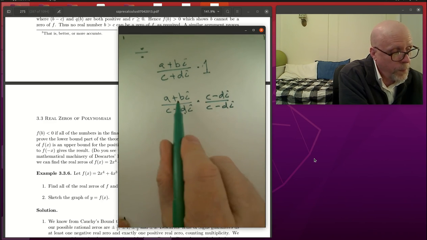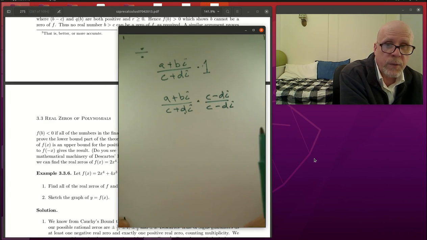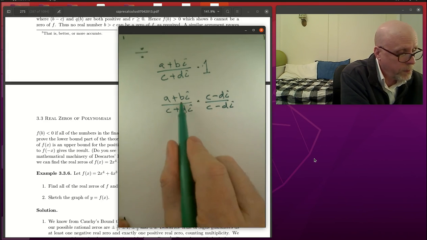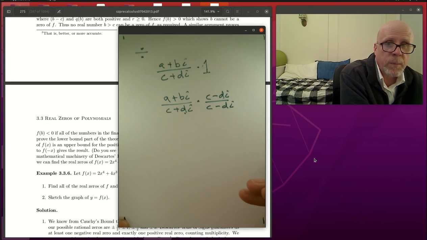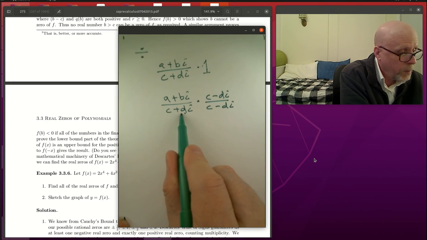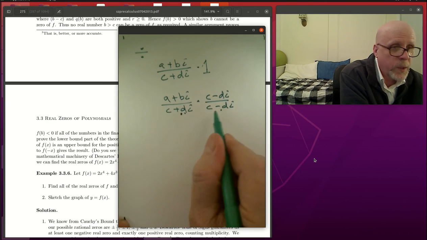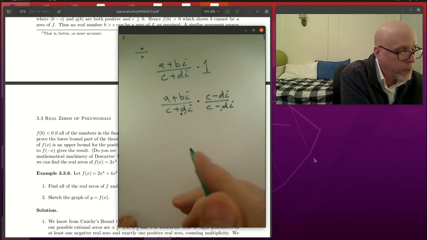Well, now, the product in the top of these two fractions will be just the same multiplication of complex numbers we did before. And the bottom will be the multiplication of a complex number and its conjugate. So the bottom will turn out to be a real number. That's a cool trick.